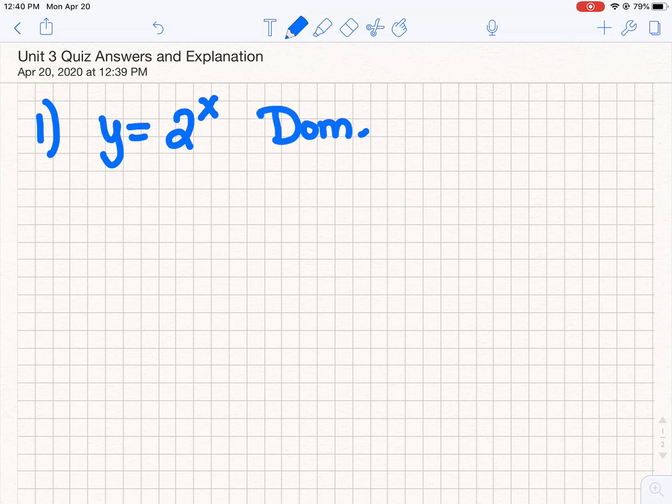On number 1, it says graph each of the following functions. Use the given domain for the table. So number 1 looks like this. Y equals 2 to the x power. Domain is negative 2 less than or equal to x less than or equal to 3.